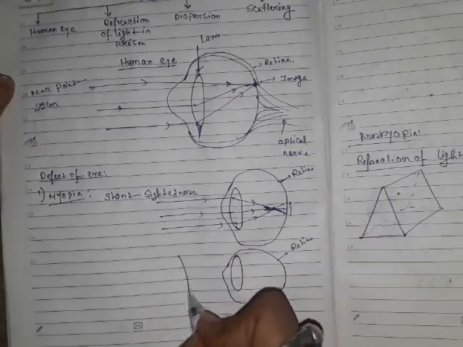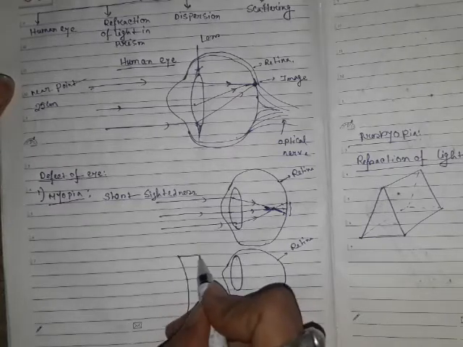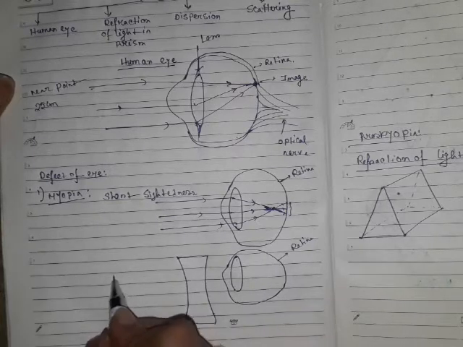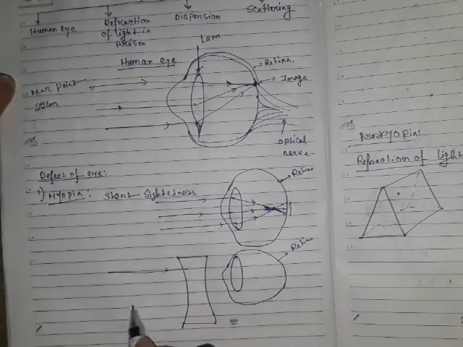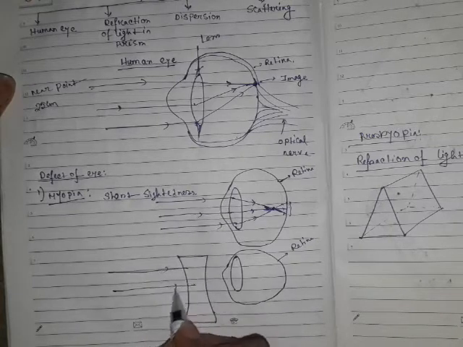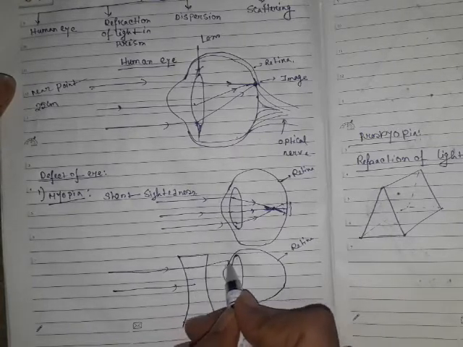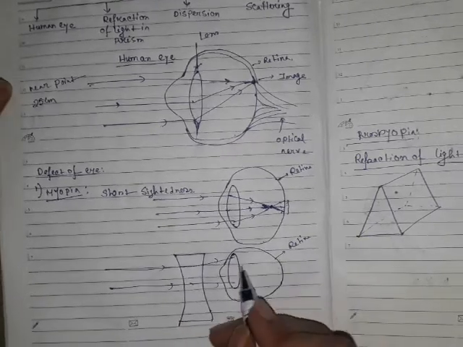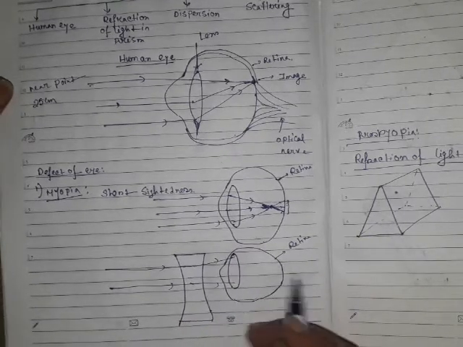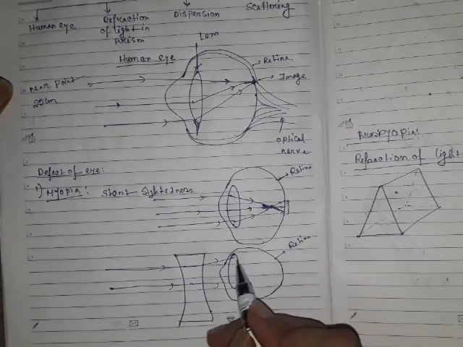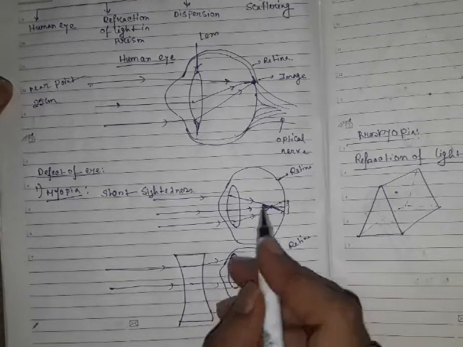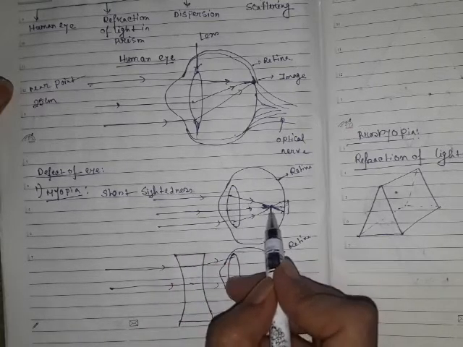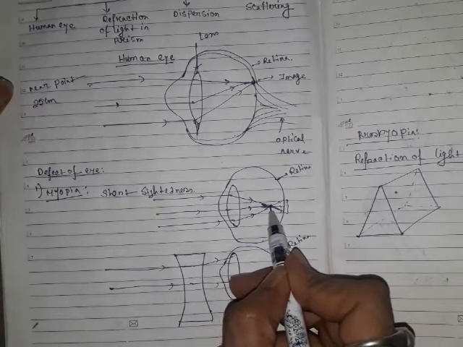Just place a concave lens in front of the eye. This concave lens will diverge some amount of the rays, and since the rays are diverged, there will be some difficulty in making them converge. For the parallel rays, the eye lens was converging the rays in front of the retina.